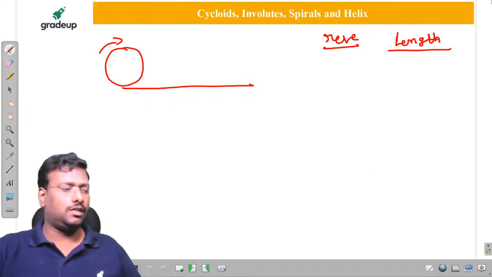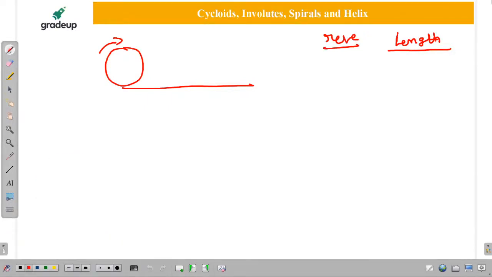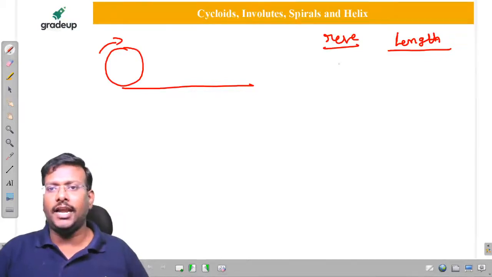Okay, my dear friends. Now let us consider one particular case. If it rolls on a straight line for one revolution, how much directing line length is required?